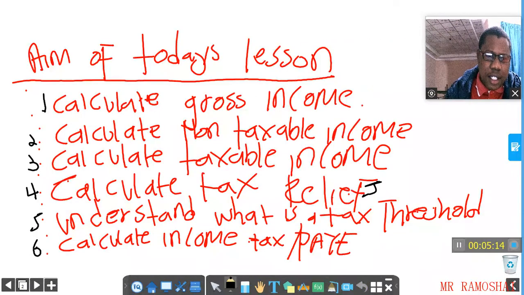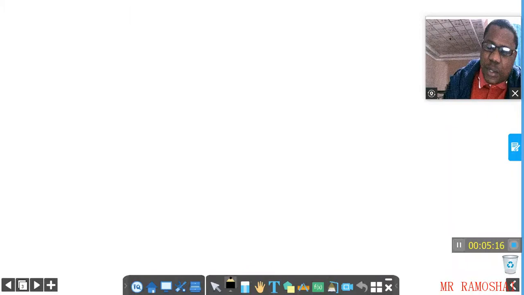Before we tackle all those points, I just want to explain a few things about the tax. These questions are asked, but they are not about calculation. It is just about understanding why we have to pay tax, who we pay tax to, and who collects the tax. The tax is collected by government, but not directly.